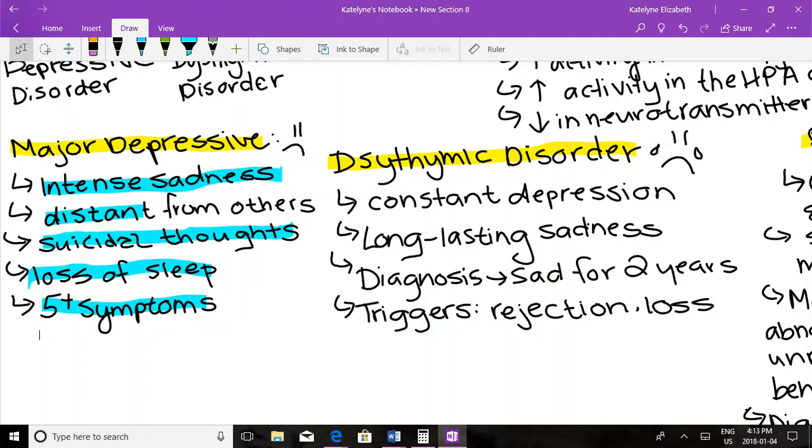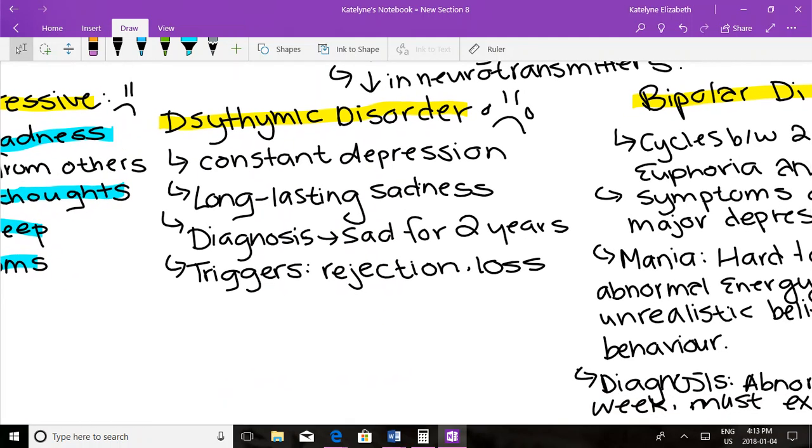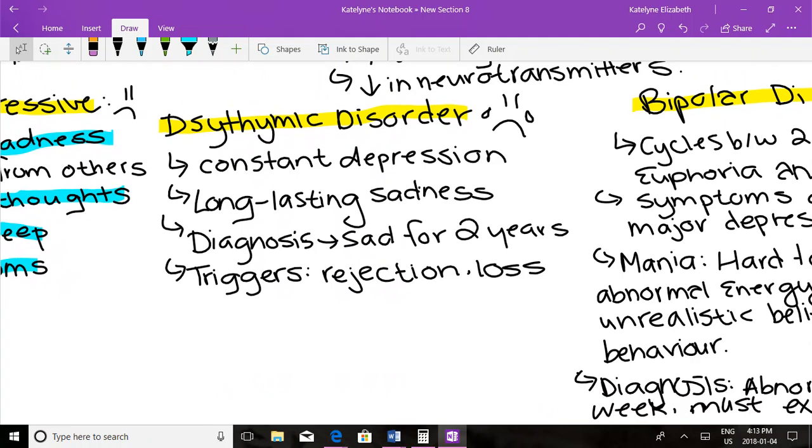So our next disorder that we are going to be talking about is dysthymic disorder, which is usually persistent depression. It is milder compared to major depressive disorder, so it's less severe. However, it is long-lasting.